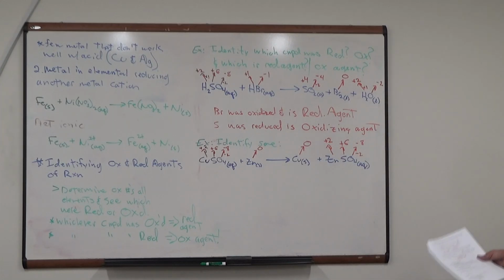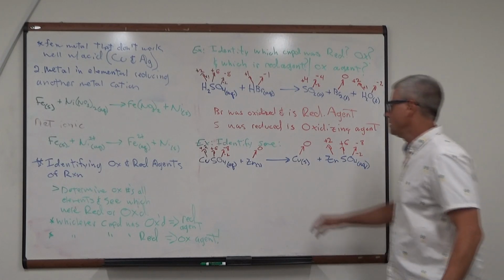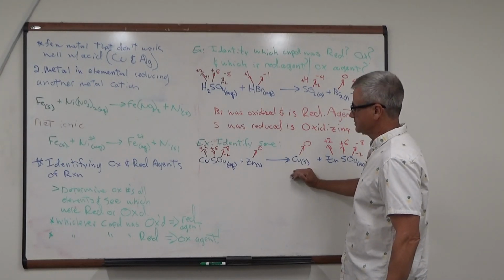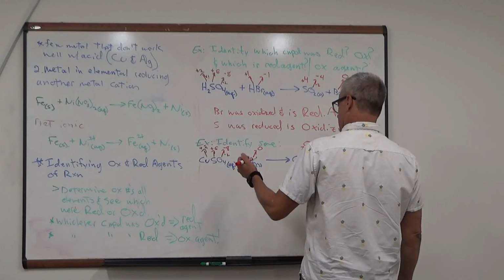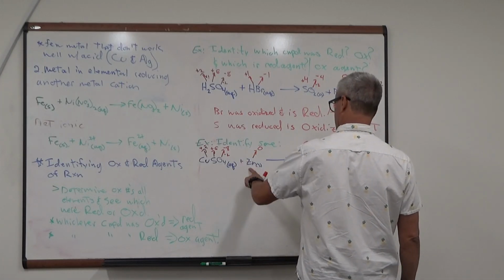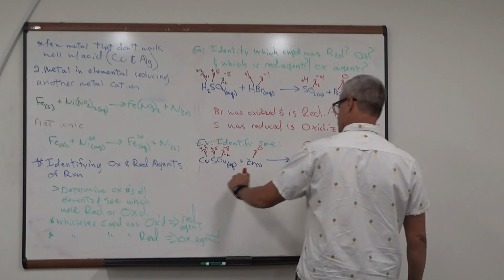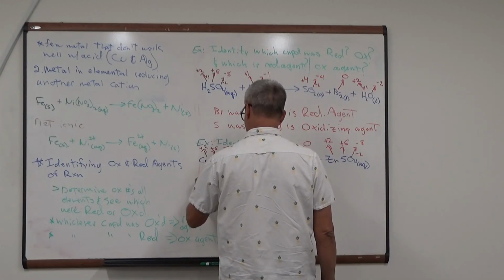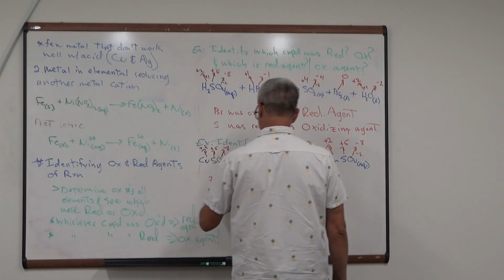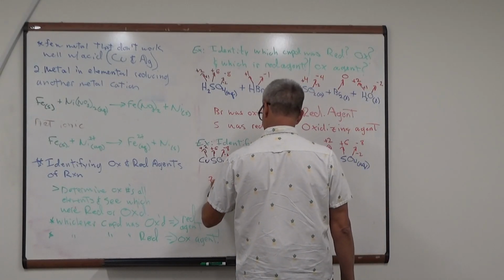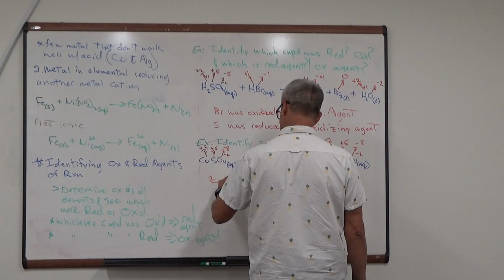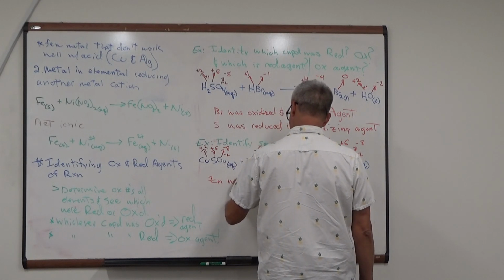So in this reaction, sulfur doesn't change, but obviously zinc and copper change. Okay, so zinc gave up electrons. Okay, so I'll do it in the same order as I set it up there. Zinc was oxidized.